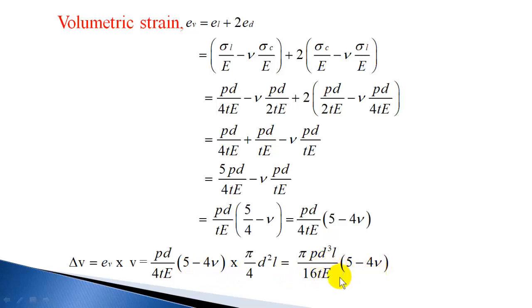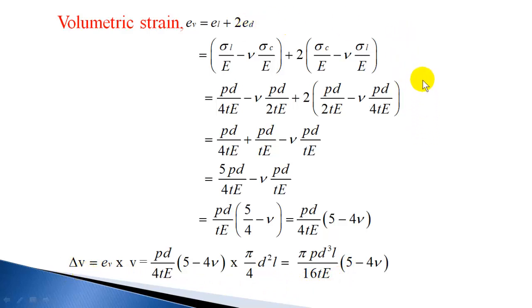So this can be remembered as a formula for change in volume of a thin cylinder when subjected to fluid pressure P: pi PD cube L divided by 16 TE into 5 minus 4 nu. If you know this formula, you can directly apply it and find the change in volume.